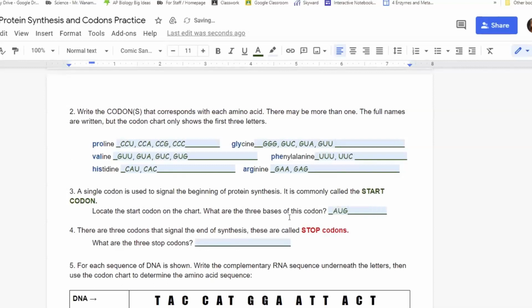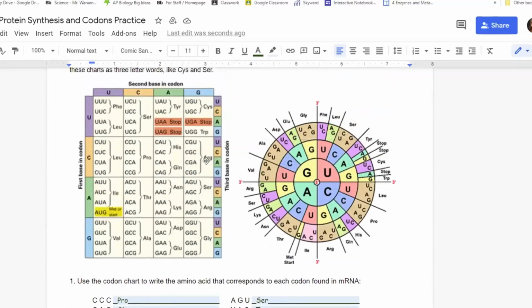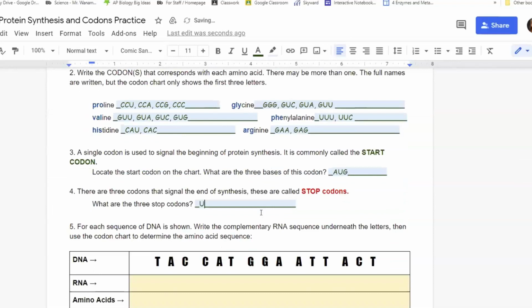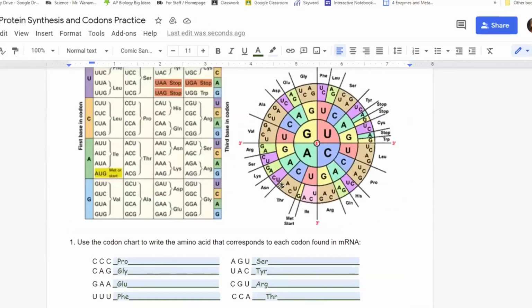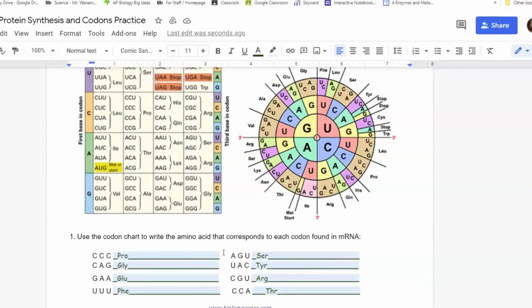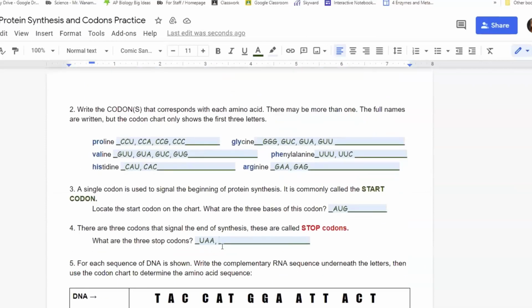And there's three different ones that code for stops. Matt, can you tell me one of the stop codons? UAA. All right. And Natasha, can you give me another one? Where should I look again? The stop codon, you'll see over here on the wheel, skinny ones, or you'll see here in the orange. So the stop codons, and we already have UAA. So what's another one?